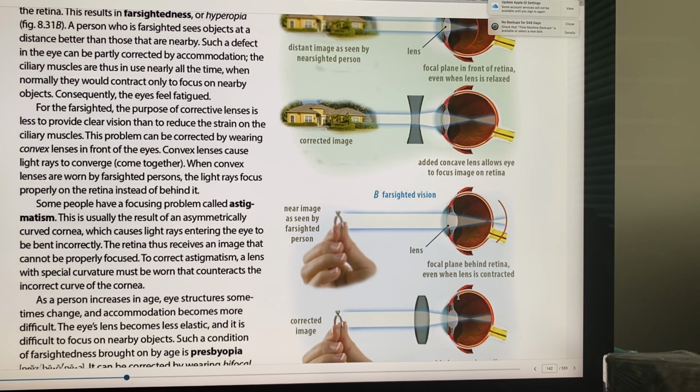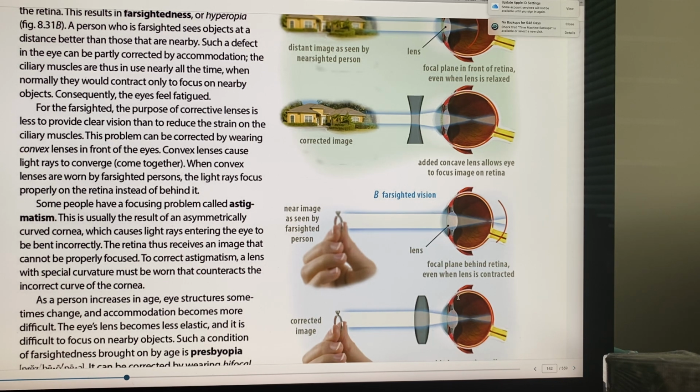The retina receives this image and it can't properly focus it, because the curvature of the lens must be wrong. It's an asymmetrically curved cornea, so it's not completely round. It has kind of a weird structure, so you need to get a specific lens for that.